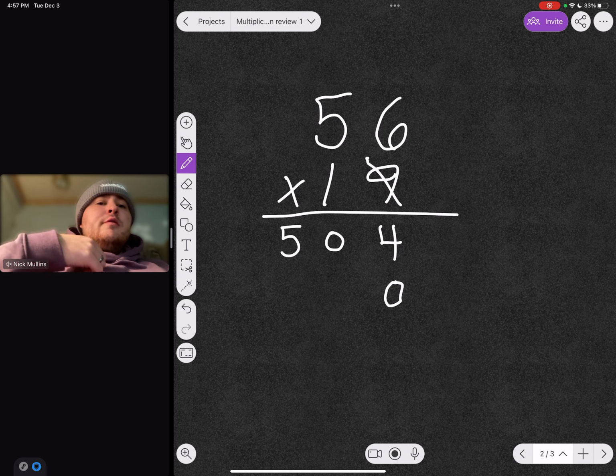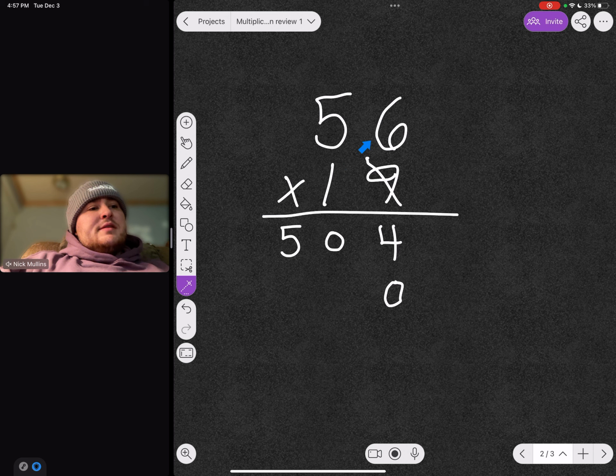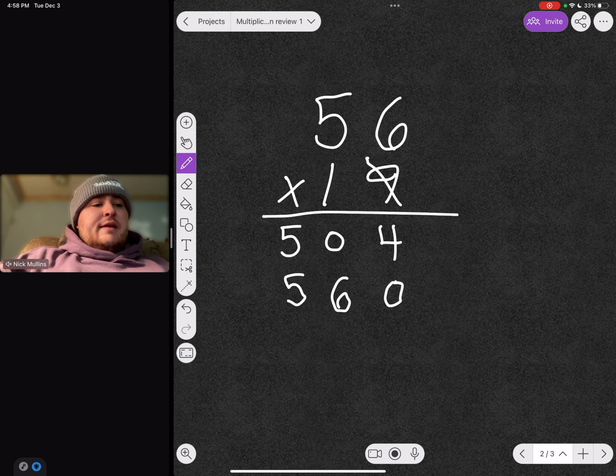So now I'm ready to move to the 1 in the tens place, and I'm going to multiply it by the 6 and then by the 5. Okay, so 1 times 6 is 6. 1 times 5 is 5. Now my other partial product is 560.